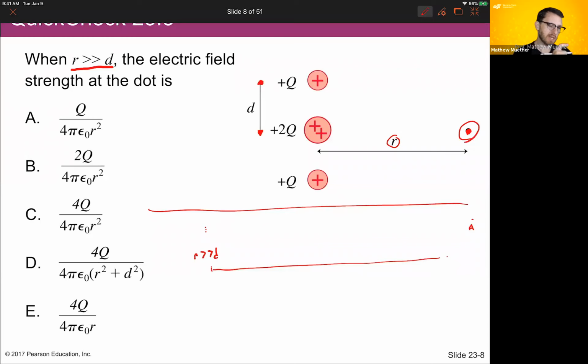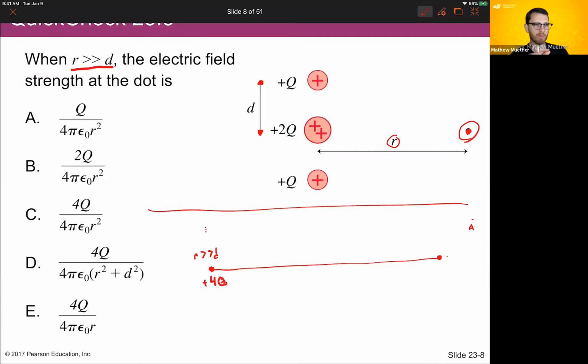So that tells me that this electric field out here better look like the electric field that I would get if I just had 4 units of charge sitting at this position. I'm so far away that the separation between them is essentially inconsequential or unmeasurable.